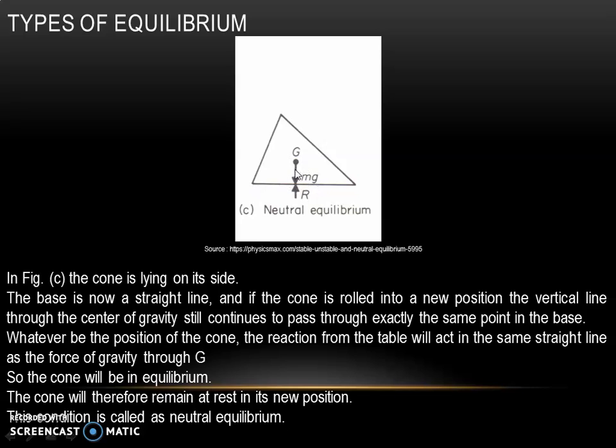Whatever be the position of the cone, the reaction from the table R will act in the same straight line as the force of gravity through the point G. Hence, the cone will be in equilibrium, and therefore it will remain at rest even in the new position. This condition is called neutral equilibrium.